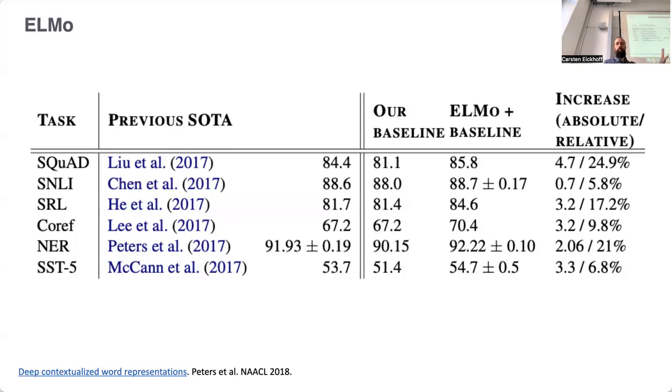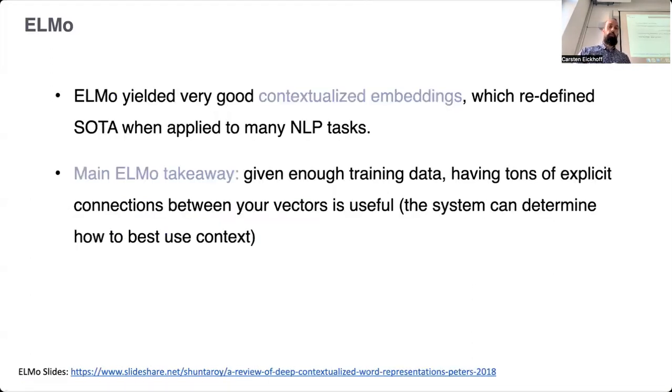Having 25% is insane, right? This was 2017, 2018 when this all happened, right? And this basically for a while, for a half year, everything was Elmo driven, right? So whichever task you wanted, so machine translation, classification, regression, everything had this family of models under the hood.